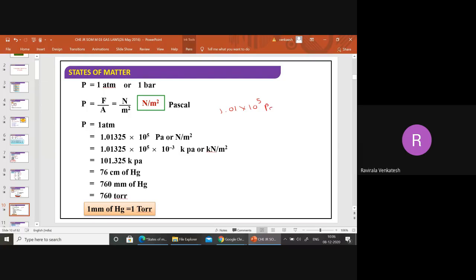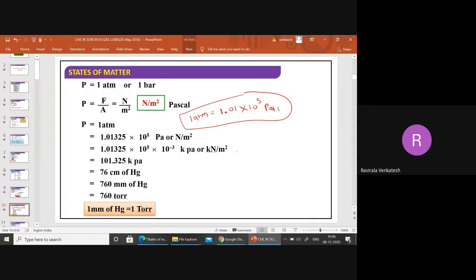So 1 atm is equal to how much? 1.01 into 10 to the power of 5 pascals, or simply 10 to the power of 5 pascals you have to remember.